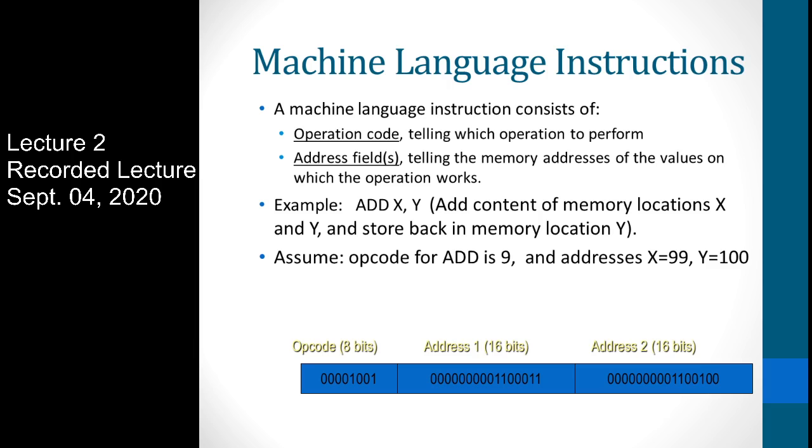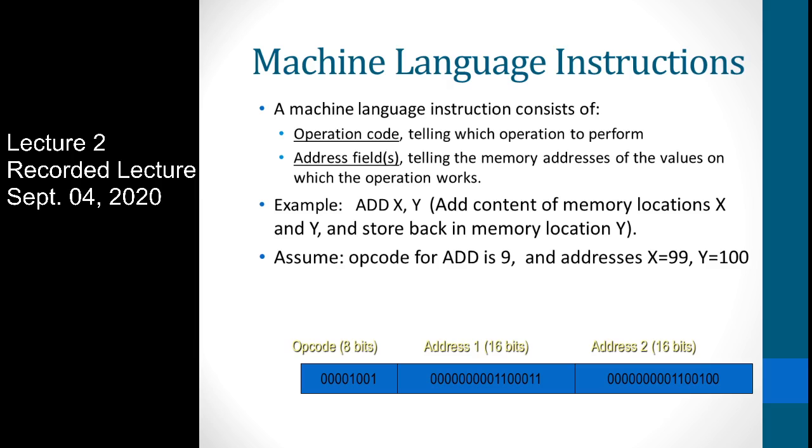So, assume opcode for add is 9, address x equals 99, y equals 100. So, makikita natin dito, meron tayong tatlong memory cell.